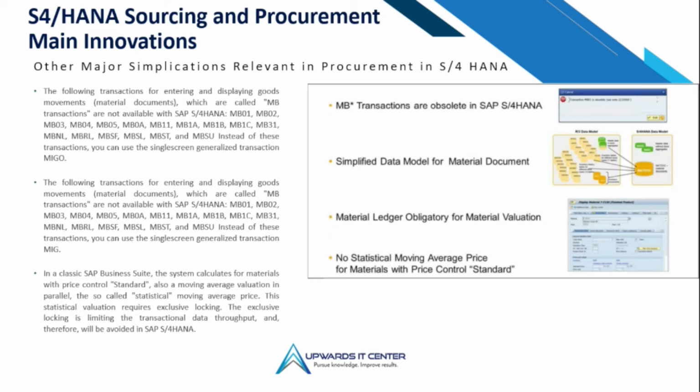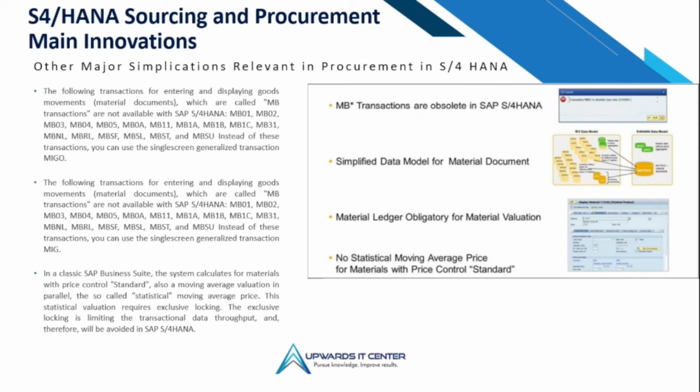Moving forward to the next slide, the MB transactions are obsolete in SAP S/4HANA, like MB01, MB02. There are a lot of MB transactions in the old systems, ECC, and now all these transactions will not be used in S/4HANA. Instead, you're going to use MIGO, the enjoy transaction, already available in ECC, that covers all these material movements that you use in the old systems.